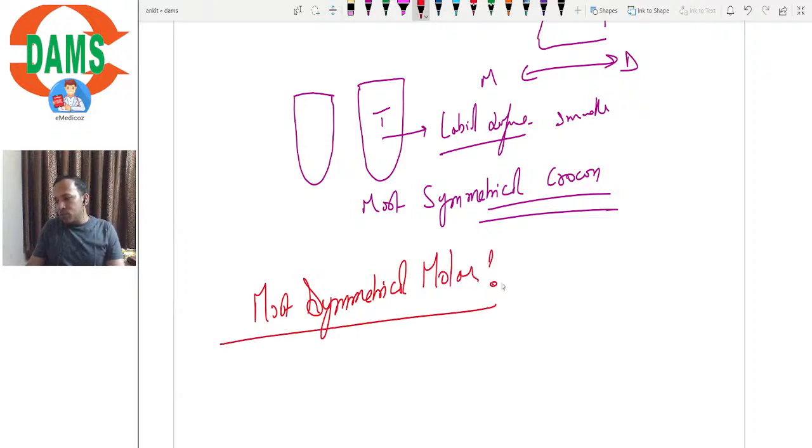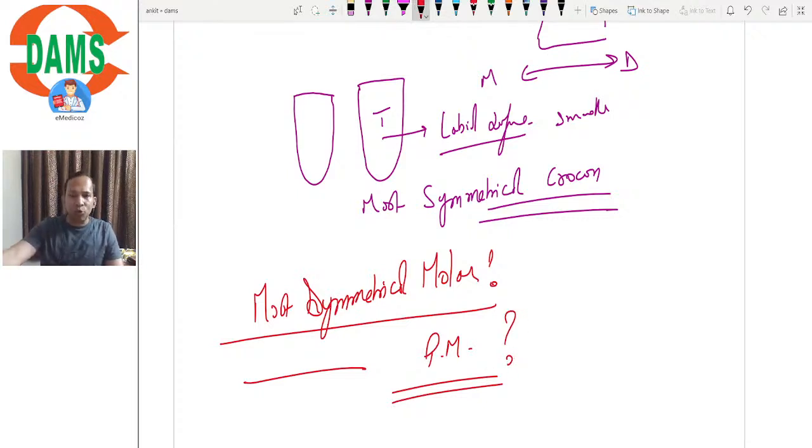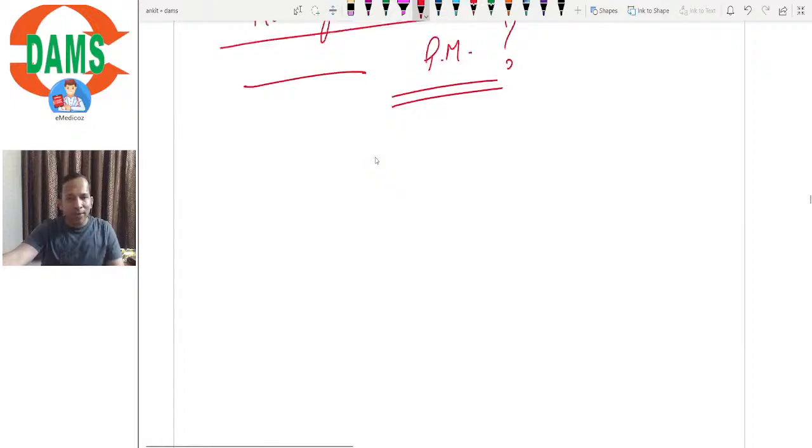We talked about the most symmetrical tooth, that is the mandibular central incisor. Now can you tell me which is the most symmetrical molar? And while we are at it, can you tell me which is the most symmetrical premolar? Think about both questions, and if you have the answers before today's class ends, give them; otherwise I will tell you, right?